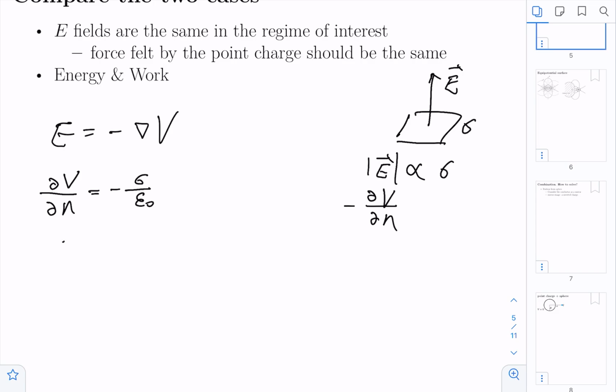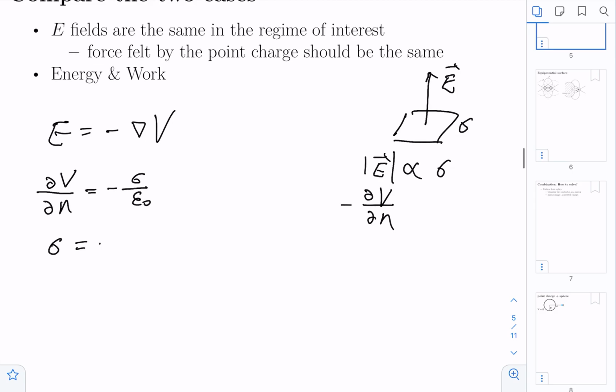So now the normal direction, in our problem, is the z direction. So here this charge density is simply partial v partial z at z equals 0.